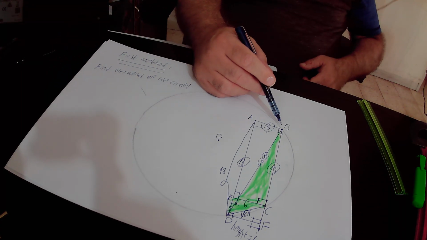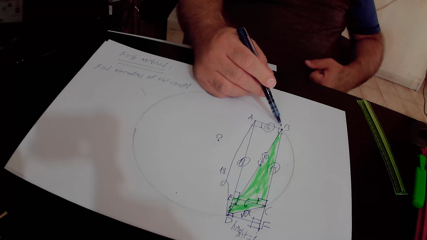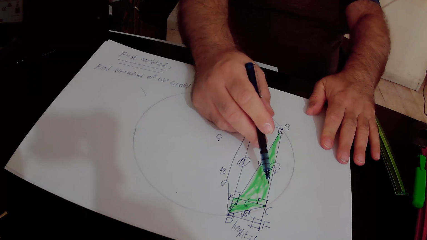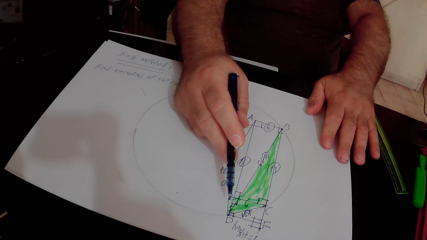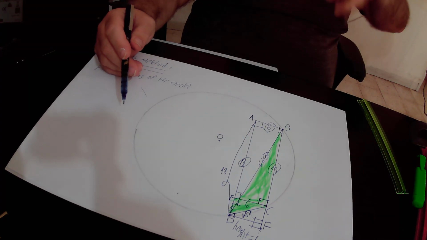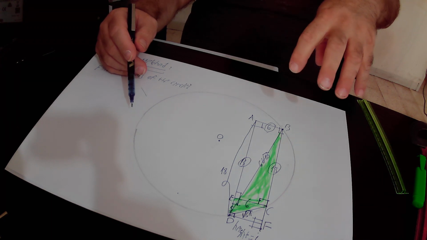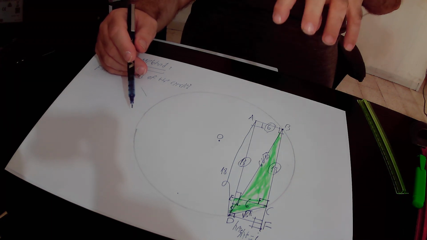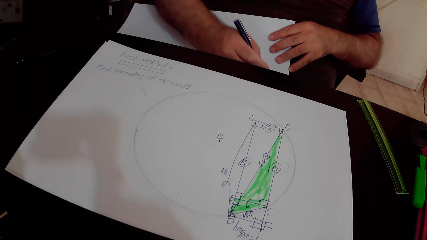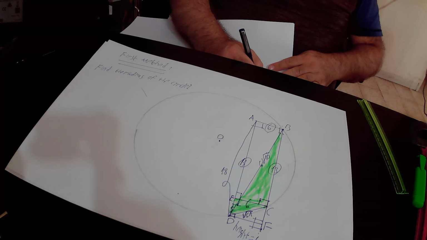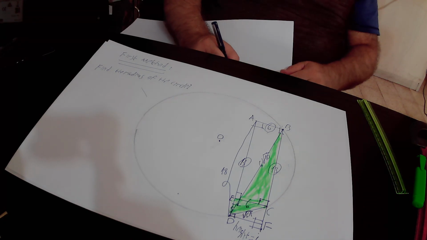Because this vertex of the triangle BDC touches the circle at point B. This vertex of triangle BDC touches the circle at point C, and finally this vertex of the green triangle touches the circle at point D. Therefore, we can definitely say that this triangle BDC is indeed blocked by this circle. So, I write it down. The green triangle BDC is blocked by this circle.